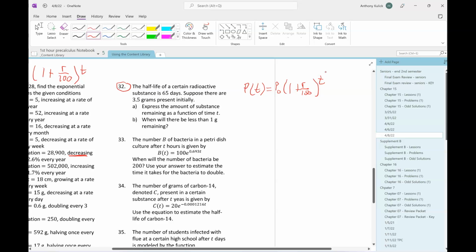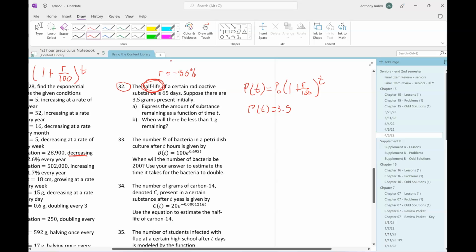So again, I'm going to be using the population model to do this. Initially, we're told we have 3.5 grams. And to get the R, the key here is the word half-life. That implies that R is negative 50% because the amount is being cut.